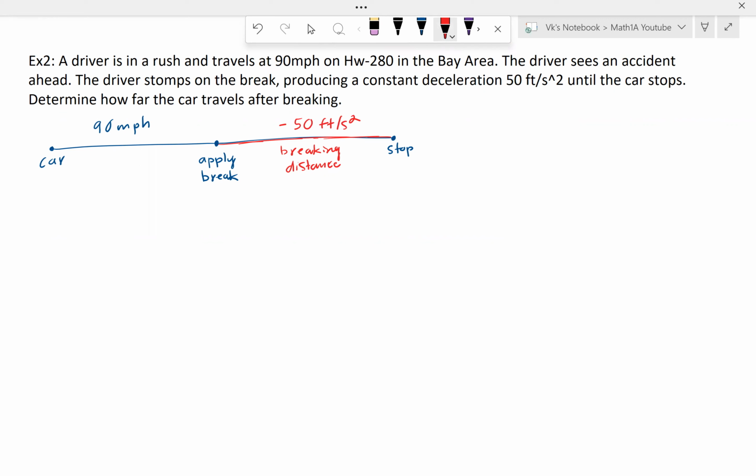So if f(t) is the position function at time t, then f prime t is the velocity and f double prime is acceleration. Well, in this case, we don't have acceleration, we have deceleration.